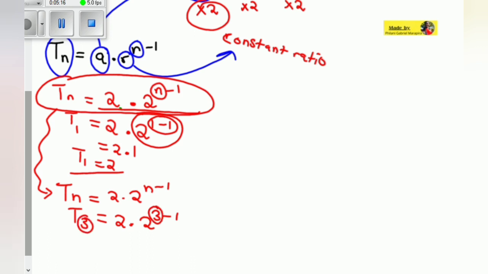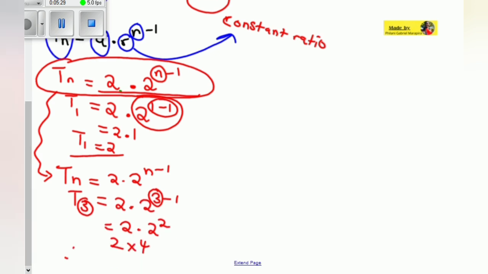This number and this number must always correspond. So 3 minus 1 is 2, and 2 squared is 4, so you've got 2 multiplied by 4, and you find that your third term is equal to 8. So this is how it works with a geometric sequence.